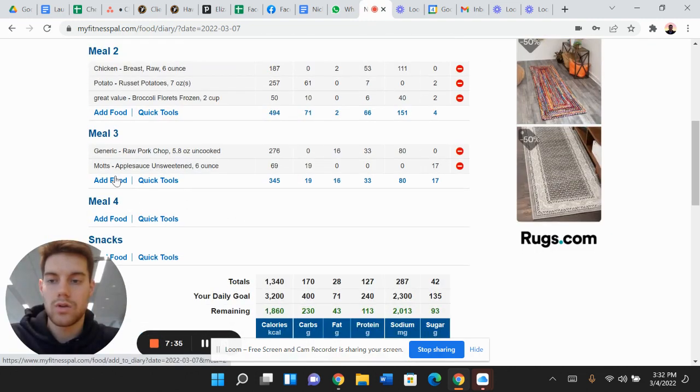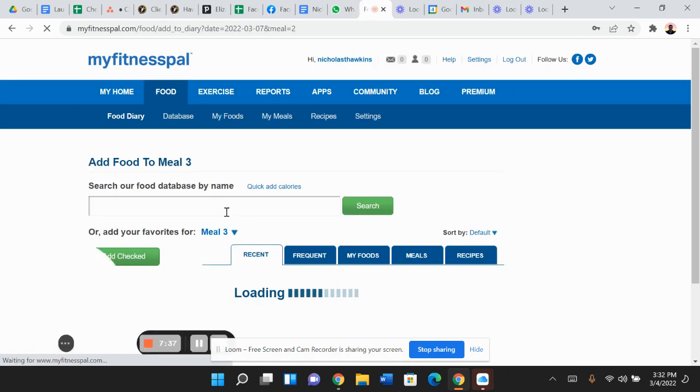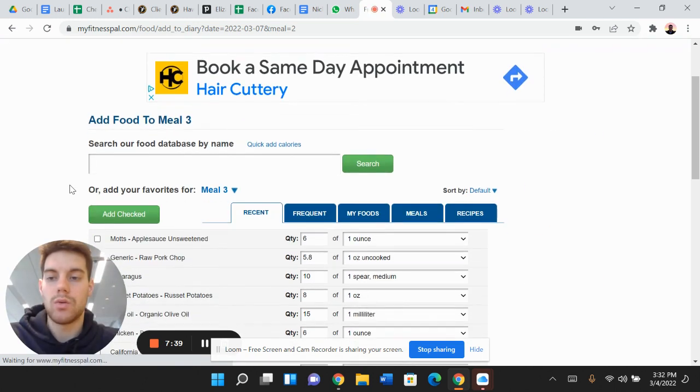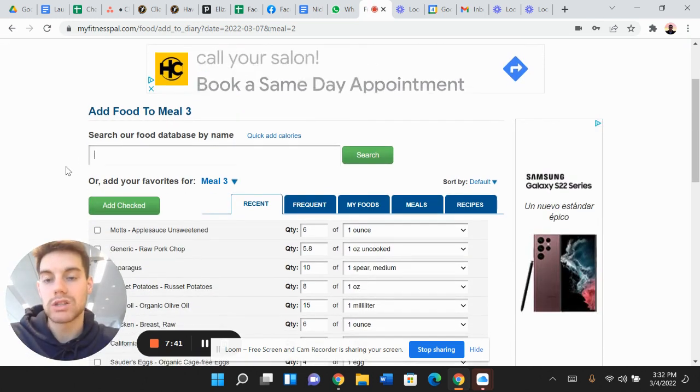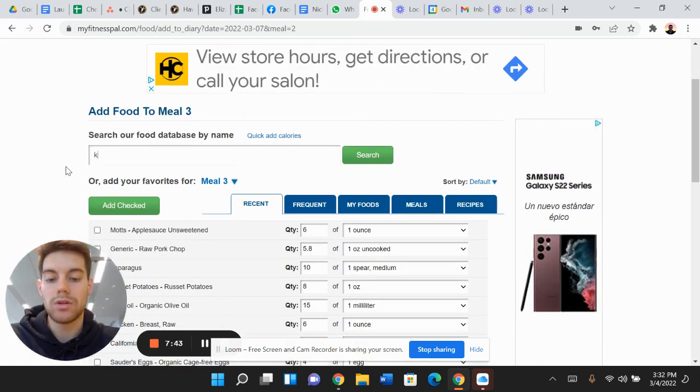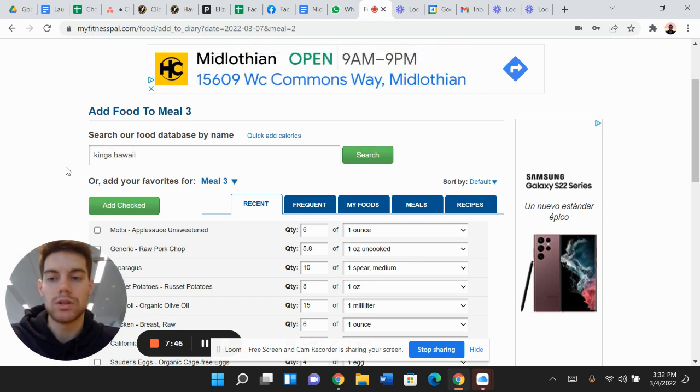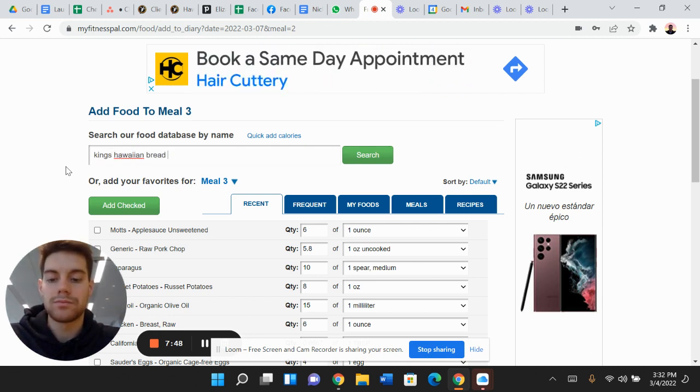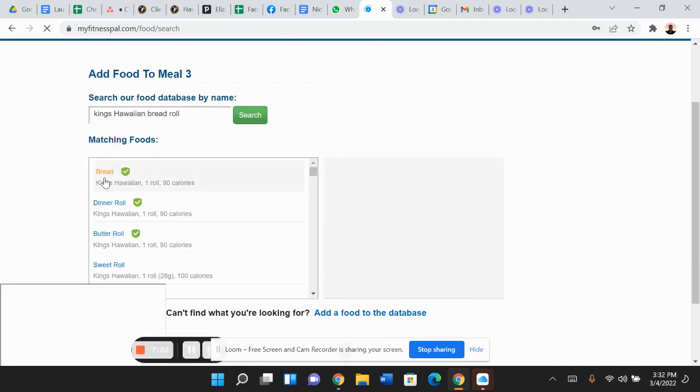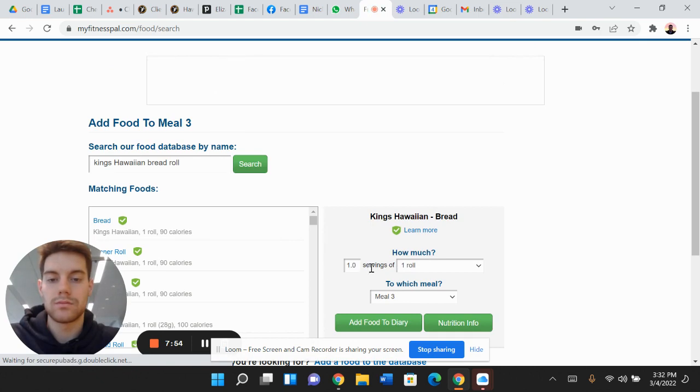Okay, cool. And then also, let's say that I also wanted to have a bread roll on the side with that. Again, scan your barcode, but let's say it was a King's Hawaiian bread roll. Ooh, they're so good. Again, I can't spell. Cool. Let's say I had 2 of these.